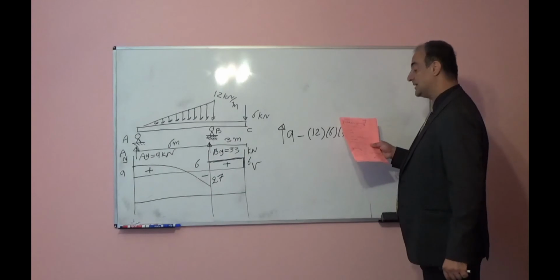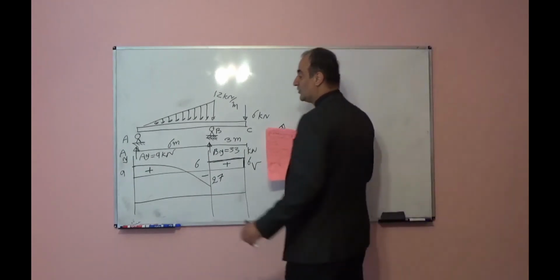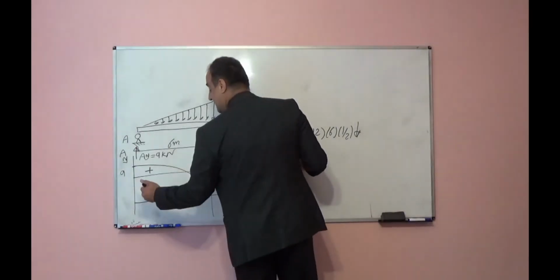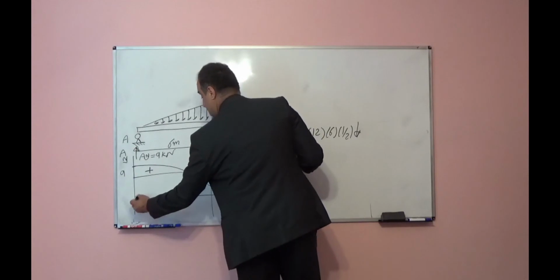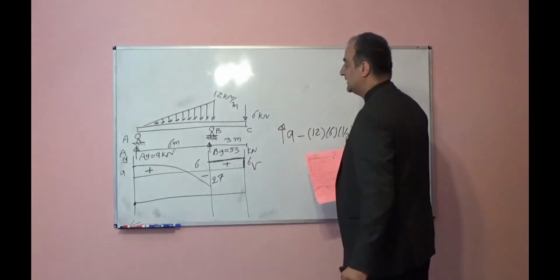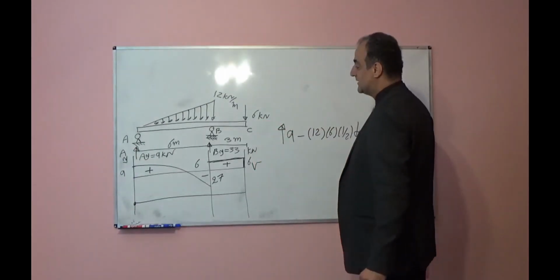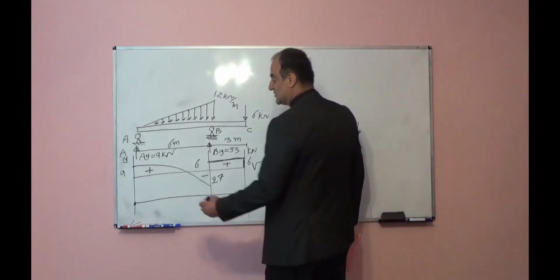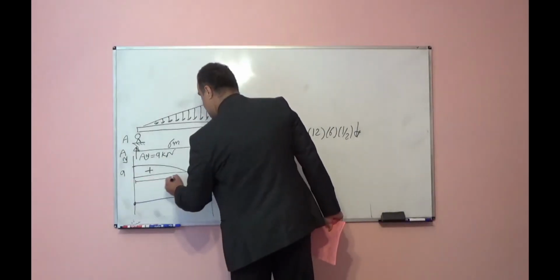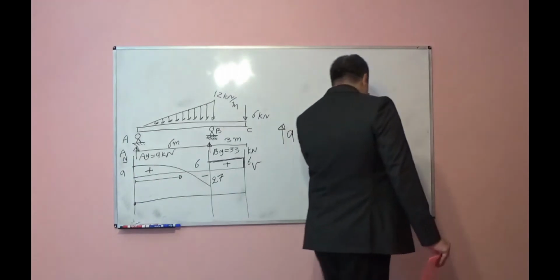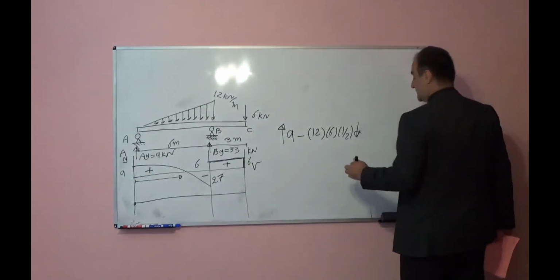And bending moment. Bending moment at point A, it is hinged, it is 0. Then, where is the location of the shear force equal to 0? You should find that. How you can find that?